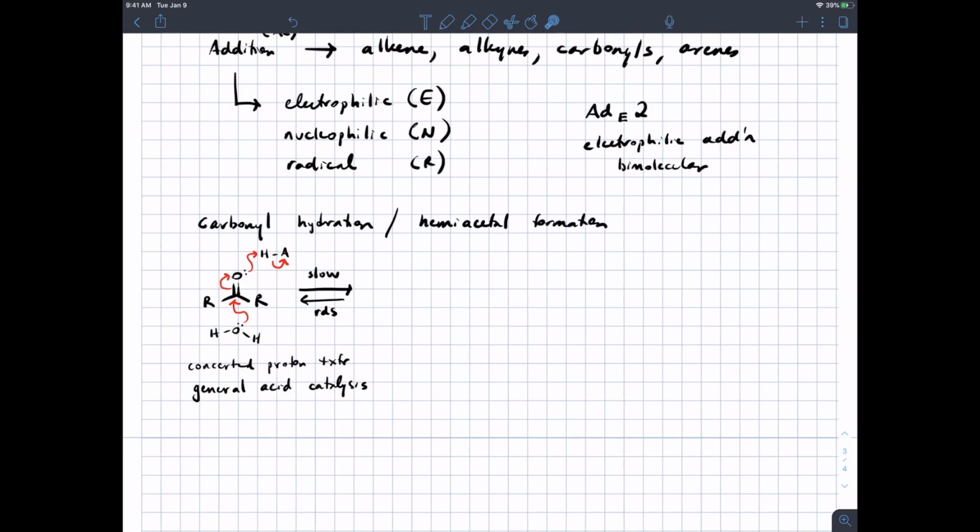You would predict your rate would be first order in carbonyl and first order in acid. After that, you have the following oxonium ion, which is deprotonated in a fast step to give you, and I won't show that with arrows because you can figure that out yourself, the gem diol or the ketone hydrate.